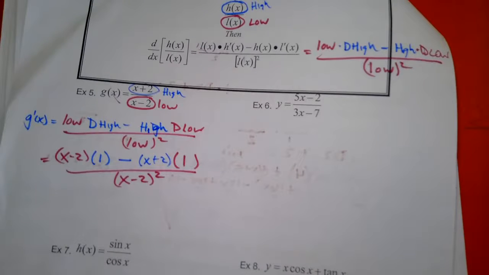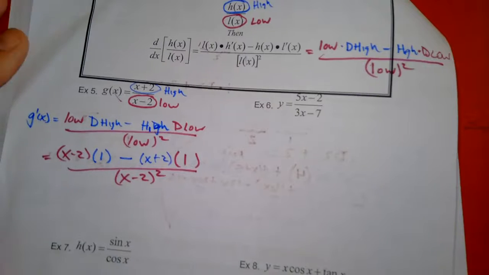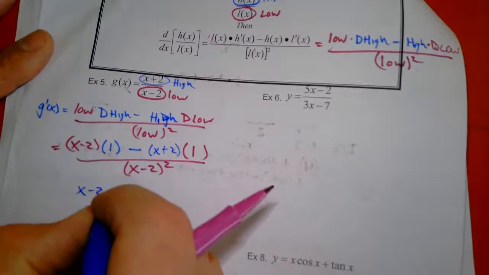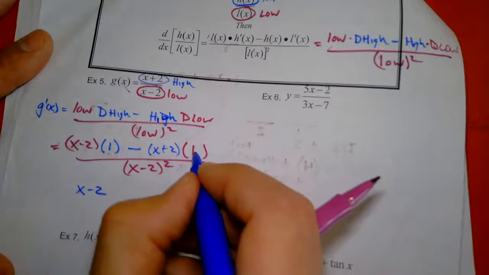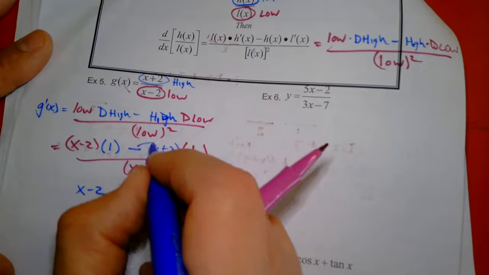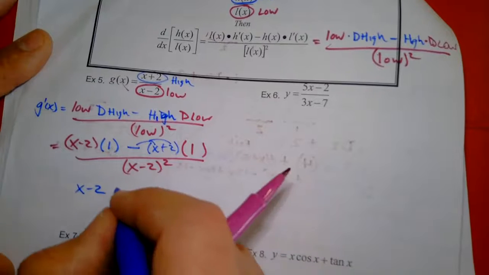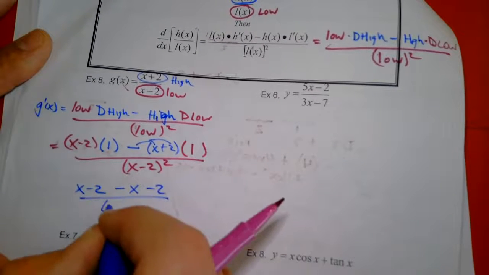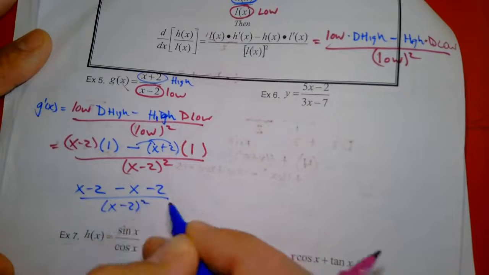And we do a little simplifying on top. You might have to FOIL, you might have to distribute, what have you. Okay? So if I take x minus 2 times 1, we know that's x minus 2. I've got x plus 2 times 1 and then times the negative, so I'm going to distribute the negative. So I get negative x, negative 2, and that's all over x minus 2 squared.